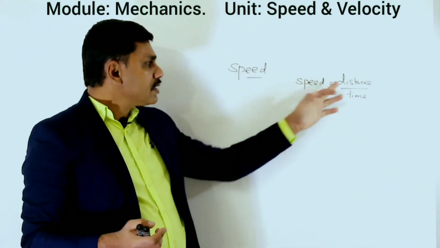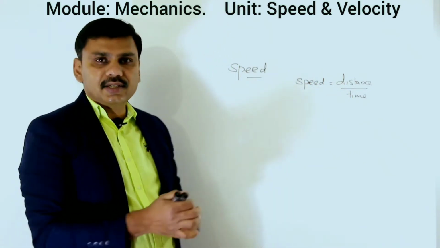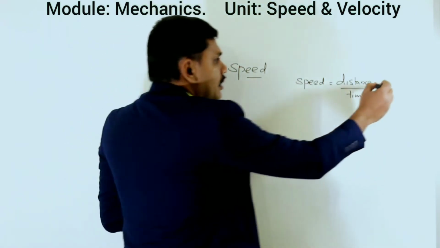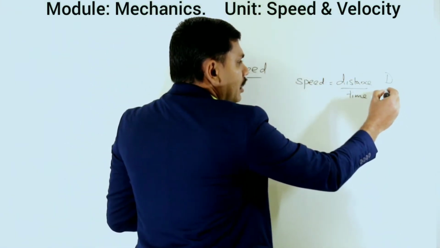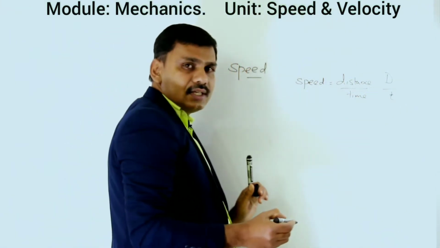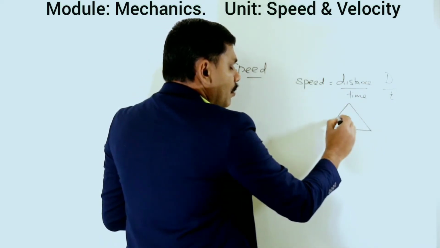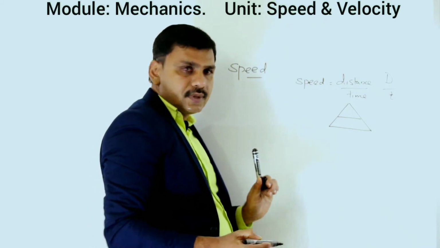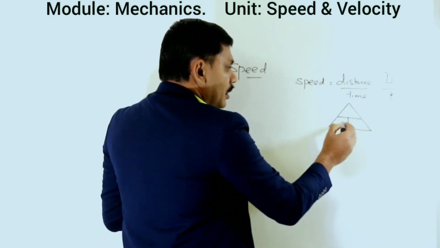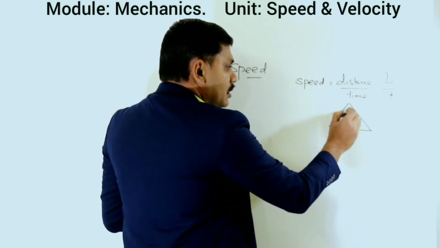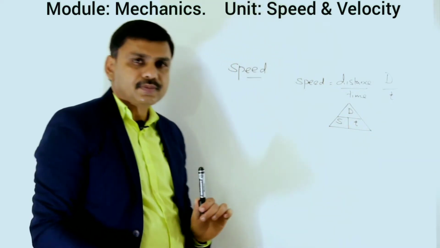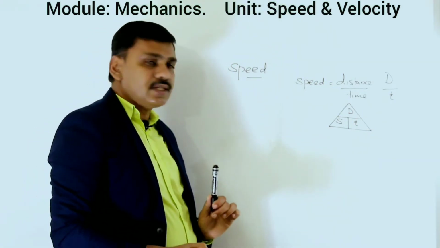So speed is always calculated with distance and time. Distance is represented by d and time is represented by t. You can remember it like this: speed is distance by time.